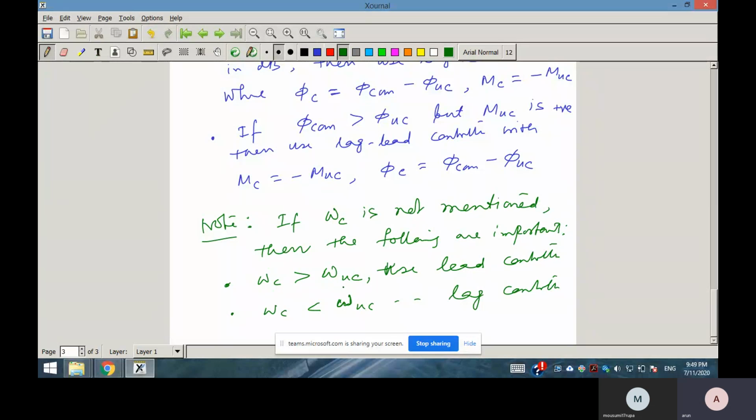If omega C is greater than omega UC, use a lead controller such that MC is positive and phi C is positive. That also I should write. Use a lag controller such that MC and phi C are negative.